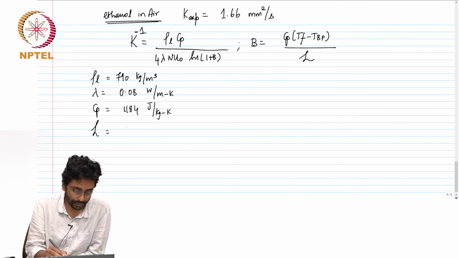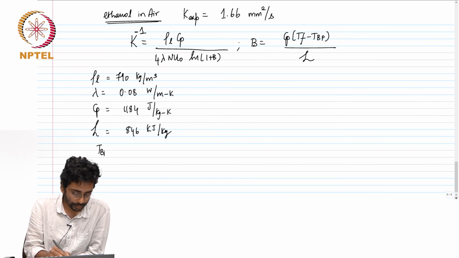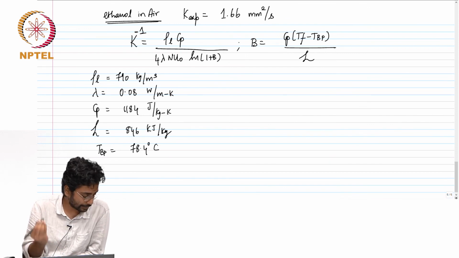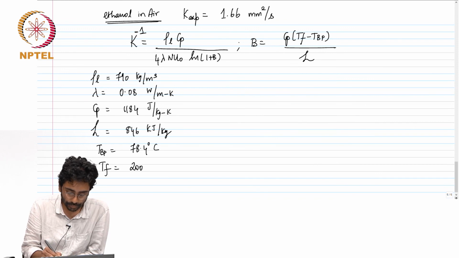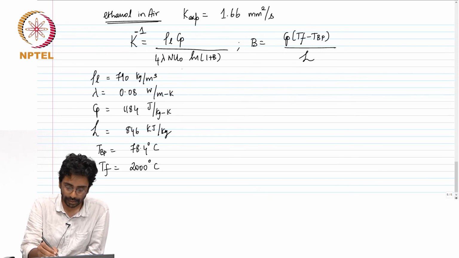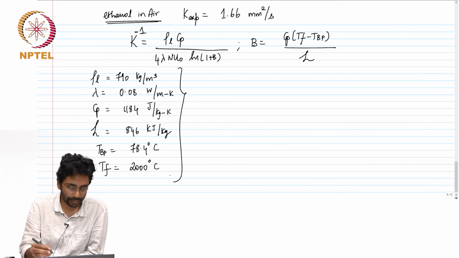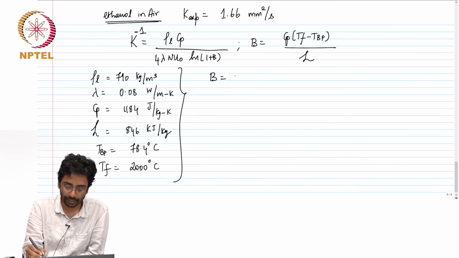Latent heat of vaporization for ethanol is 846 kilojoules per kilogram. The boiling point of ethanol is 78.4 degrees Celsius, assuming a flame temperature of 2000 degrees Celsius. Now we can calculate K. The transfer number will turn out to be around 2.4.